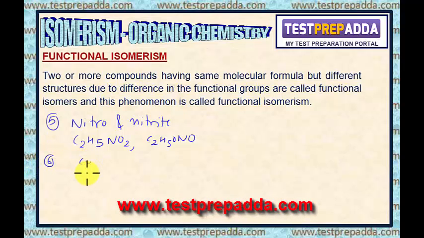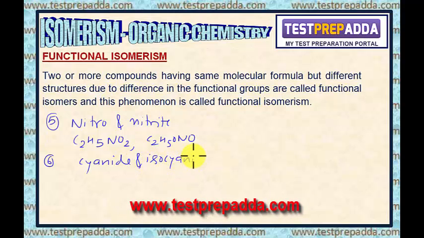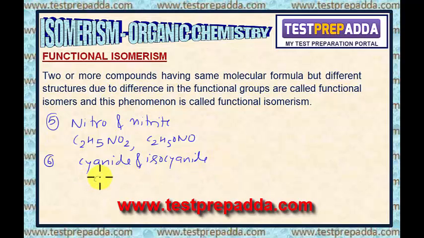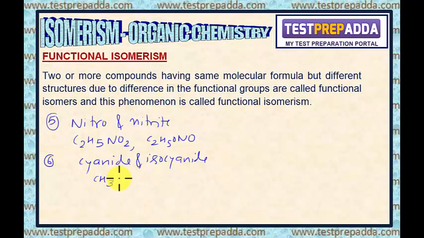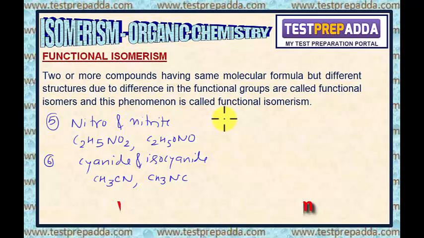Similarly, cyanide and isocyanide. For example, CH3CN, you can also write CH3NC.